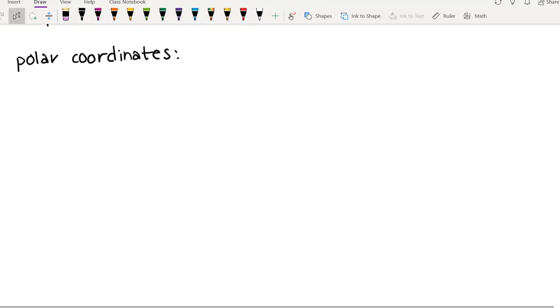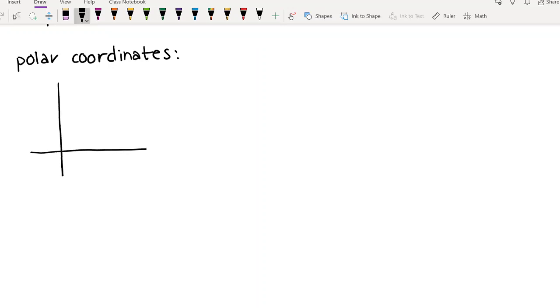For now, we're just going to be talking about what polar coordinates mean and do some examples of graphing points in polar coordinates. So how do polar coordinates work? Well, basically, if you're trying to describe where a point is in space, as we said earlier, instead of giving the horizontal and vertical distance to that point, you just give the direct distance to that point.